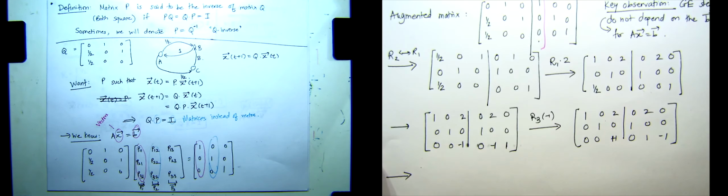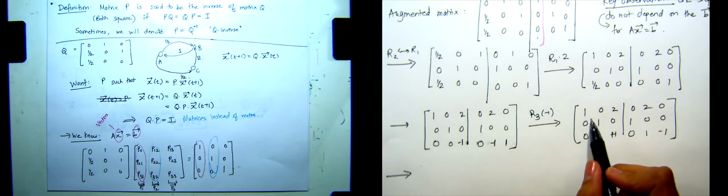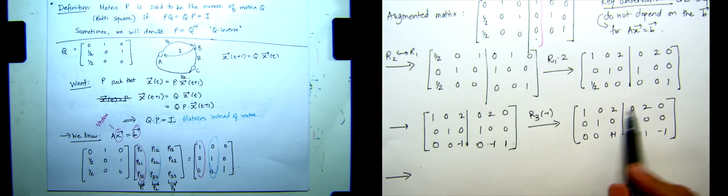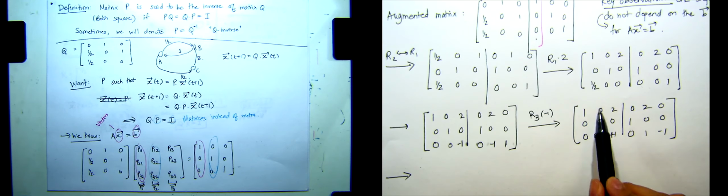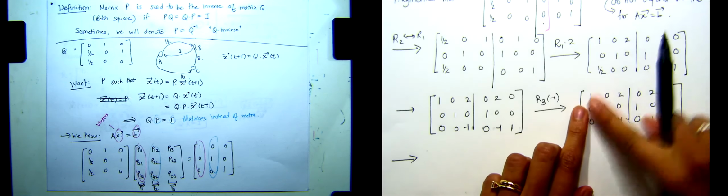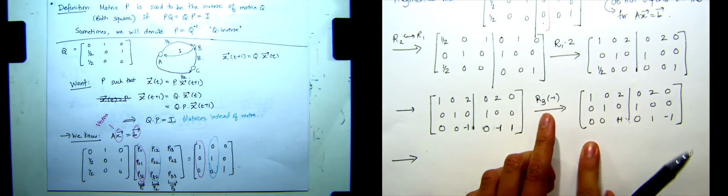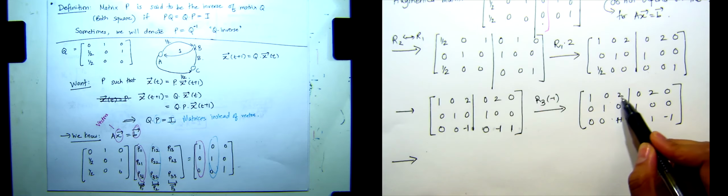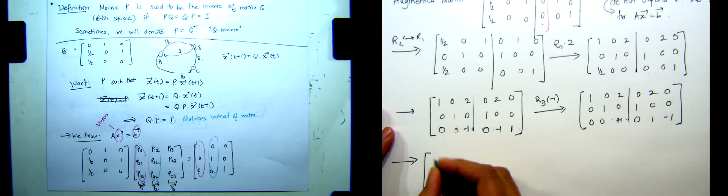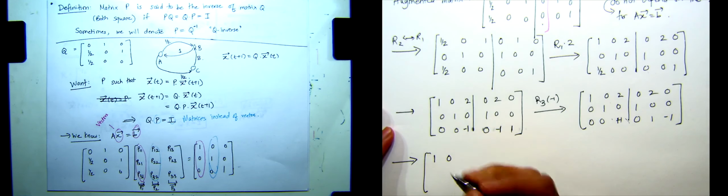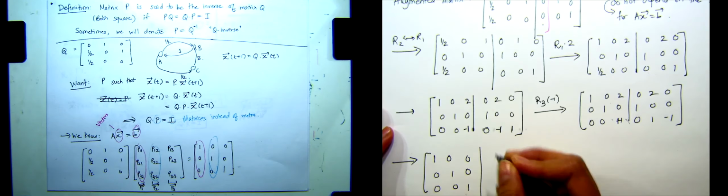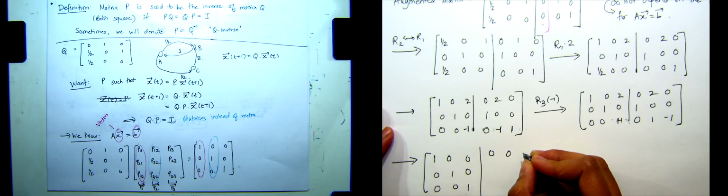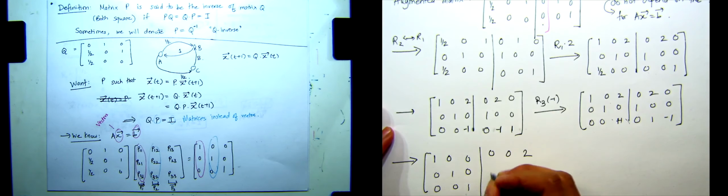Okay. Now what remains to be done? What form am I in? I'm now in a reduced echelon form, right? It's upper triangular. There's a triangle here. Everything below the triangle is zeros. Great. Now I just want to cancel this person out, right? So now I do 1, 0, 0, 0, 1, 0, 0, 0, 1, and I have 0, 0, 2.